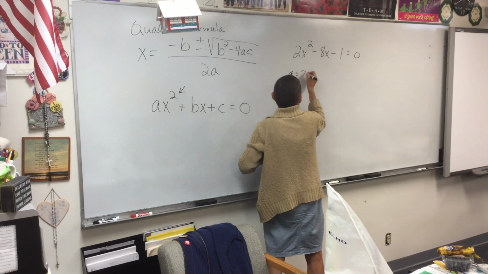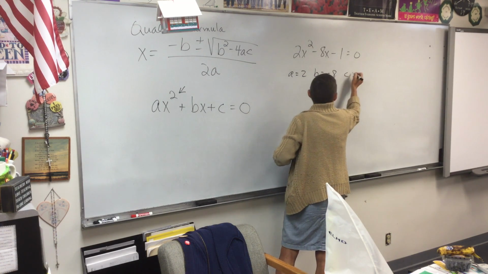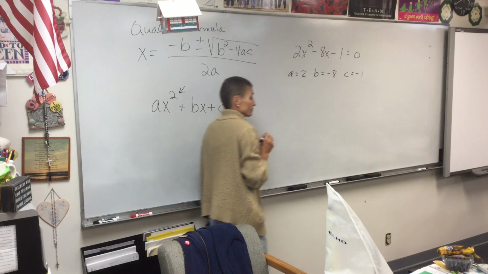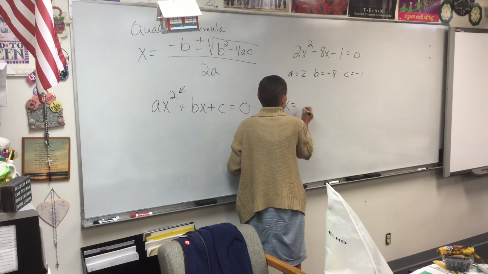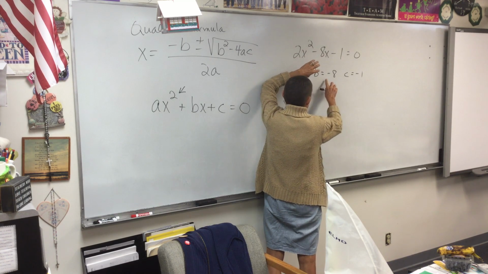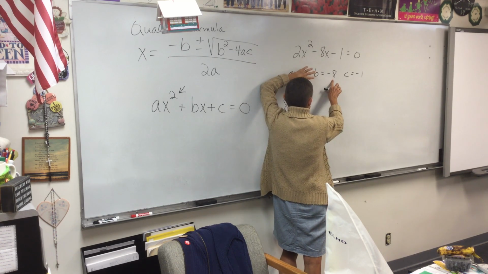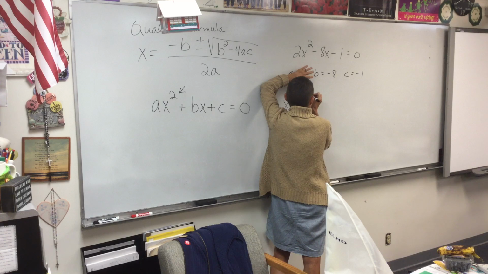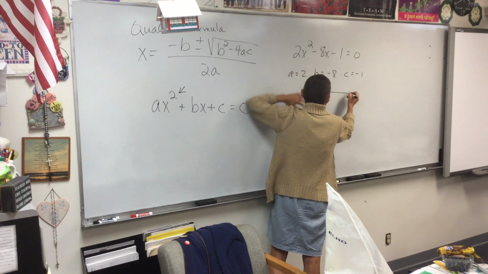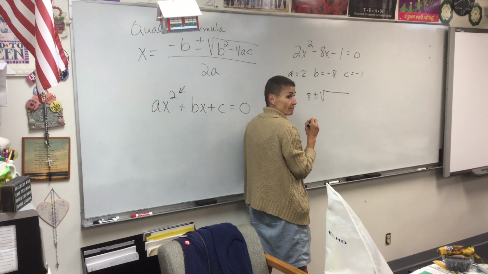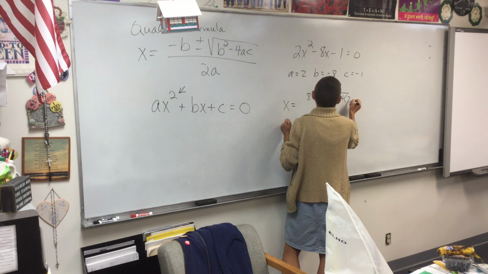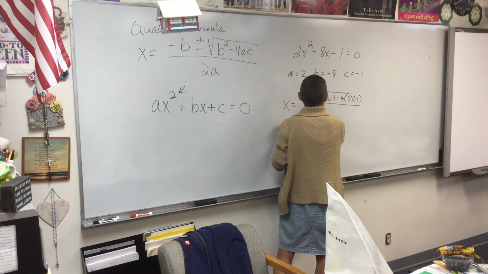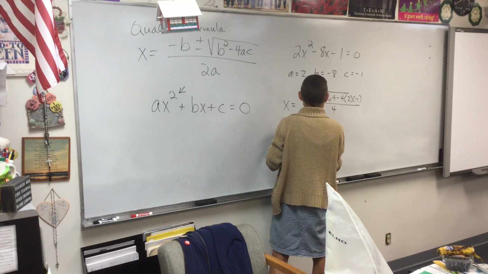A is 2, b is -8, c is -1. Here we go. x equals. Watch it now. b is already negative, so this will be 8. Right? b squared minus 4ac, watch your negatives, all over 2a.